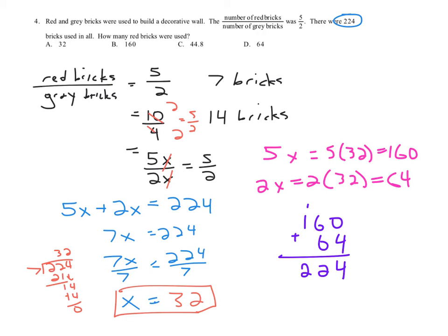Yes, it does. So we know that that's the correct x value, but very specifically for the answer, we know that 5 times that number x was 160, the number of red bricks, and that's B, and that's the answer.